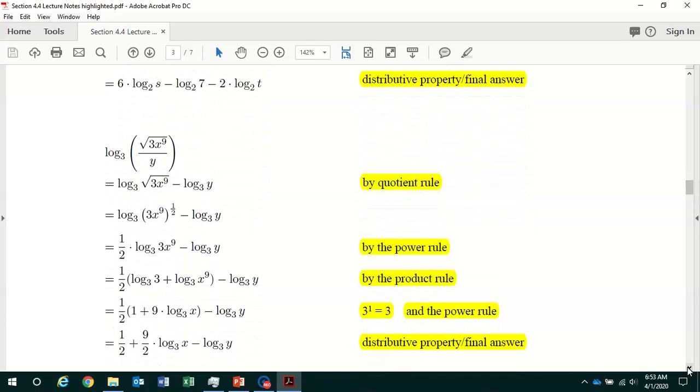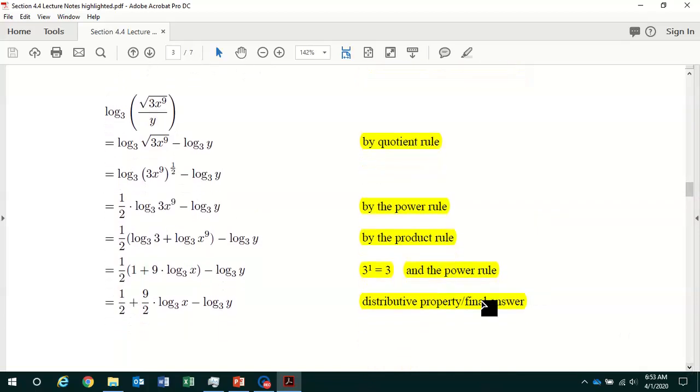In the next example, we have log base 3 of the square root of 3x to the 9th, all divided by y. So again, we have a quotient, so we want to break up that quotient. And so this is equal to the log of the numerator minus the log of the denominator.